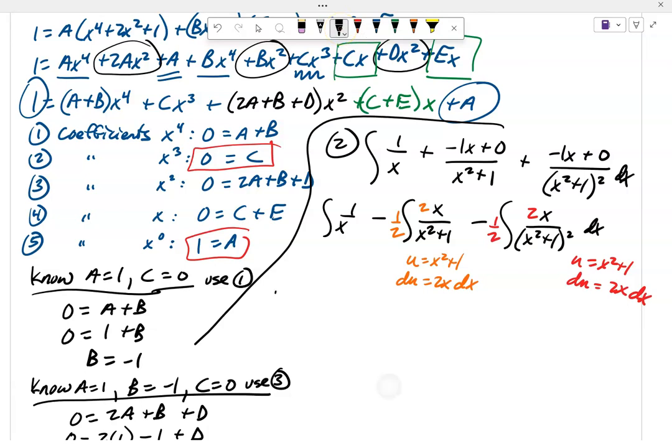So this ends up being the natural log of x minus a half natural log x squared plus 1 minus a half, and this is the integration of u to the -2. So I got u to the -1 over -1 plus a c.